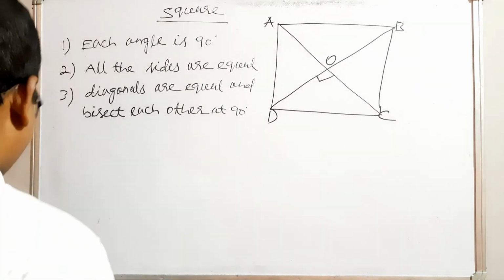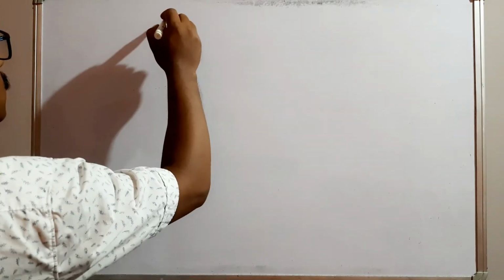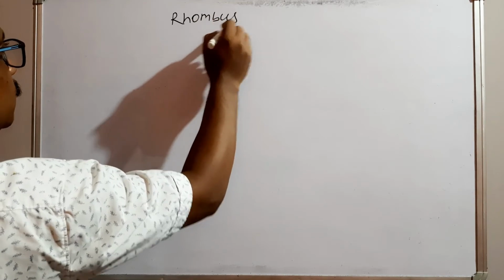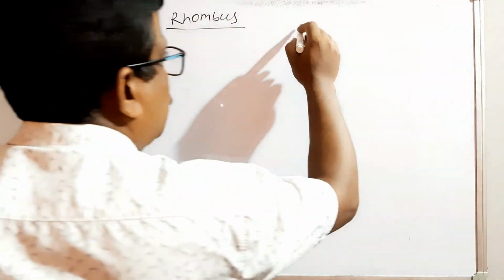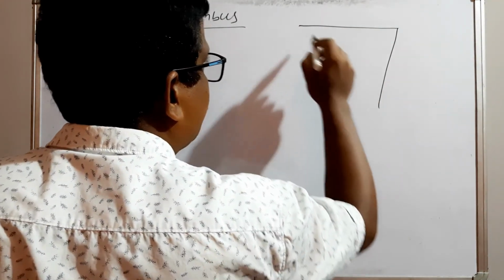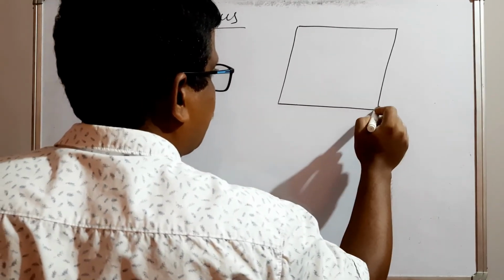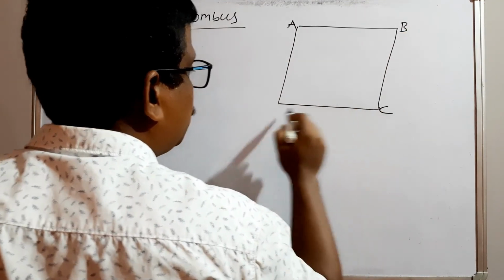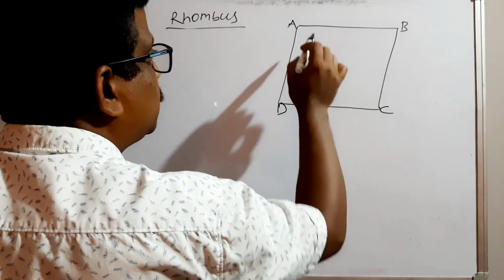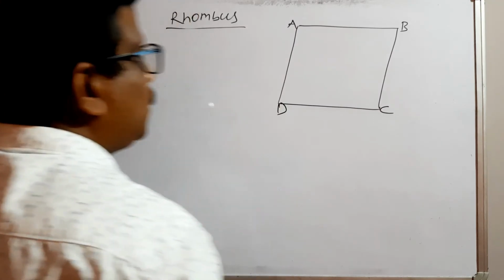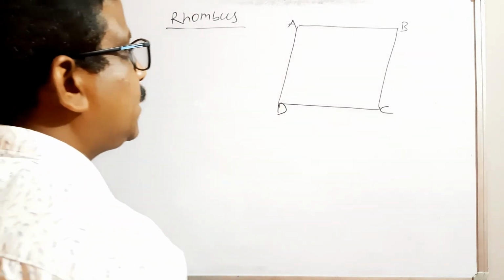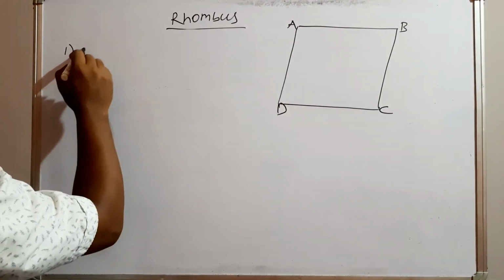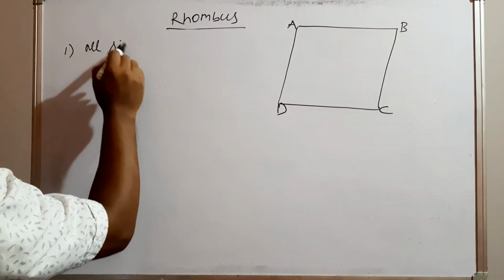Then we have to read about the rhombus. The difference between a square and a rhombus is that, as you know from class 8, all the sides are equal like a square, but each angle is not 90 degrees. So in a rhombus the first property is that all sides are equal.